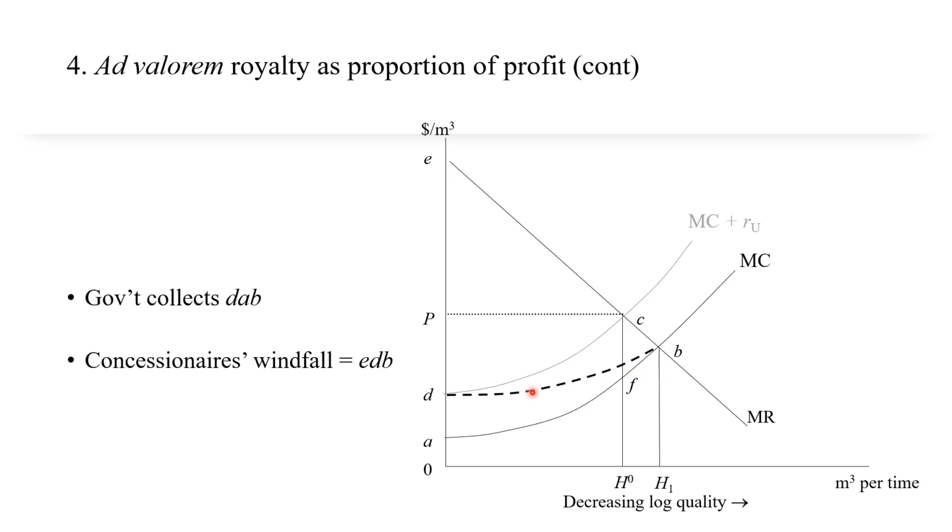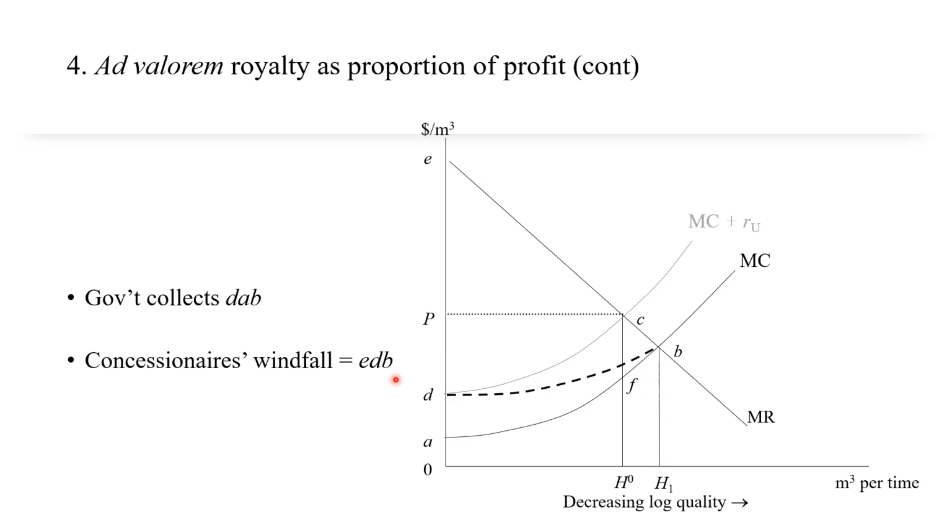All right, so what does this look like? Well, in this case, the royalty as a proportion of profit results in this supply curve here. All right, so again, there is no shift in the amount that's harvested.